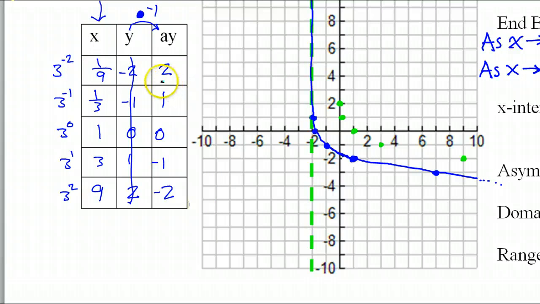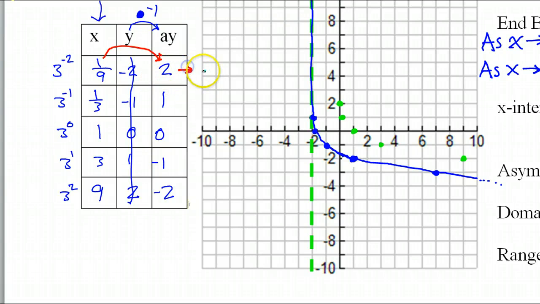Okay, now look, the inverse graph, remember how we got these green points from the parent function? Well, just understand that the inverse graph will have the same points for the parent function, except the x and y coordinates will be reversed.